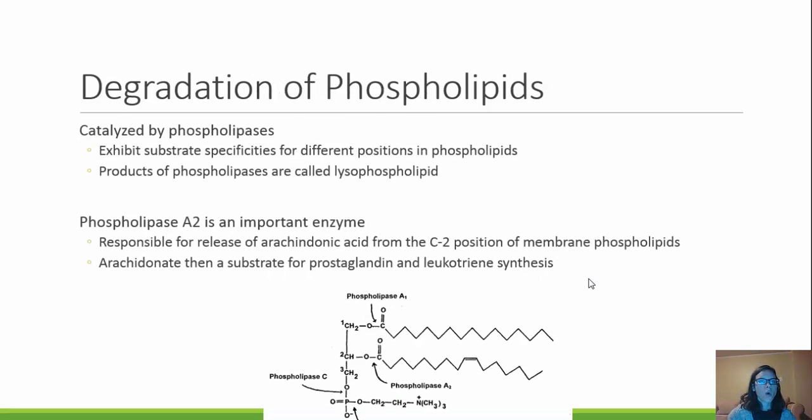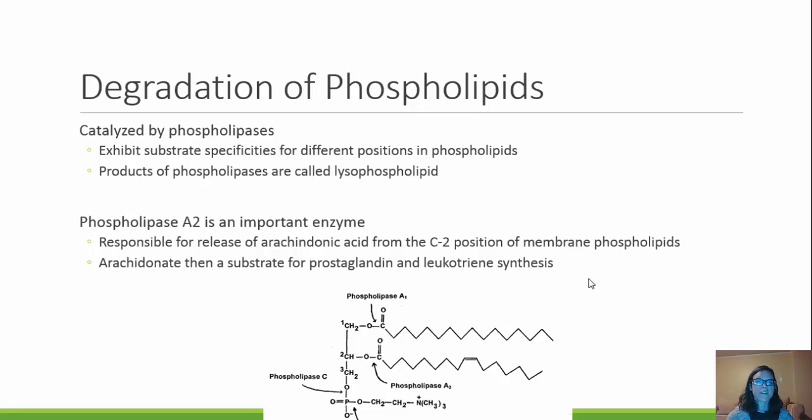Okay, so the degradation of phospholipids is catalyzed by phospholipases, and we'll see that lipases indicate an enzyme that degrades lipids. These phospholipases exhibit substrate specificities for different positions on the phospholipids, so they work very specifically.